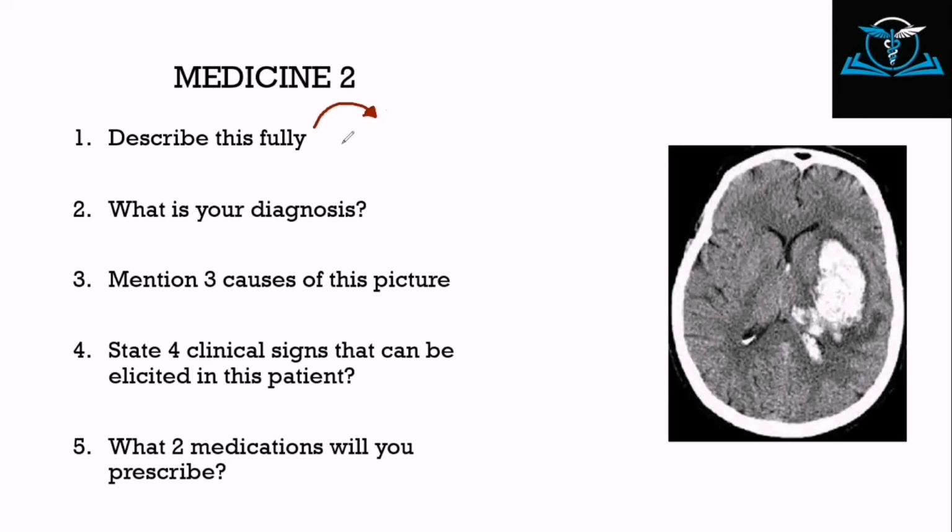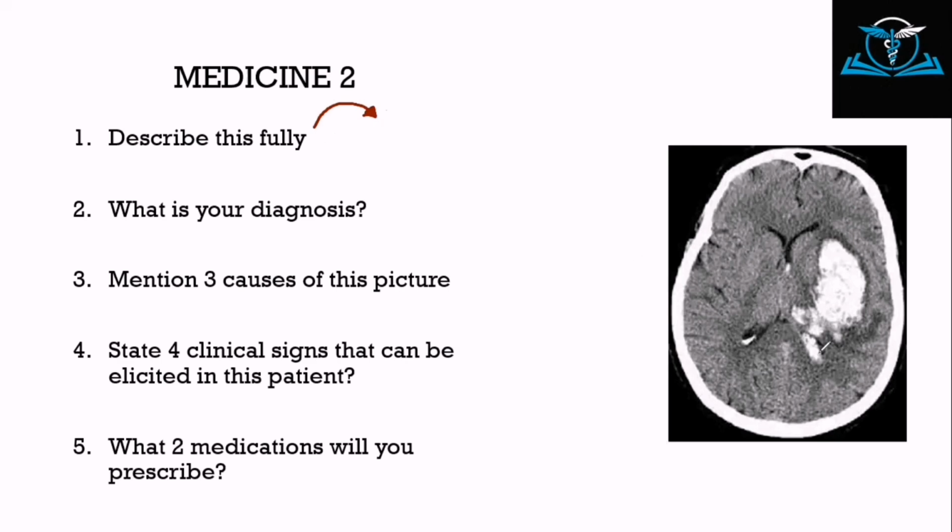Doc, an image of a non-contrast head CT scan showing a hyperdense area in the left hemisphere of the brain with collapse of the left third ventricle. Then third ventricle. Lateral ventricle, sorry.